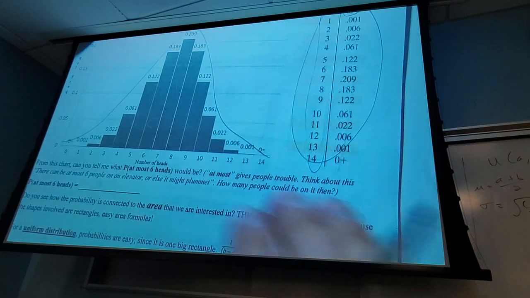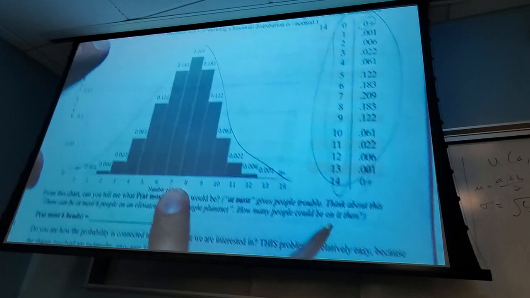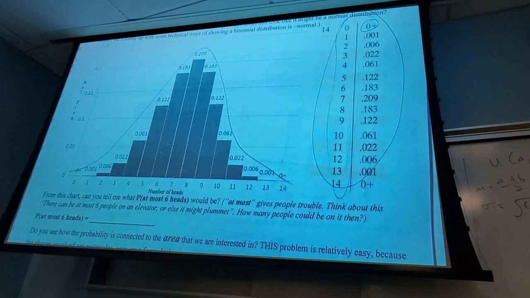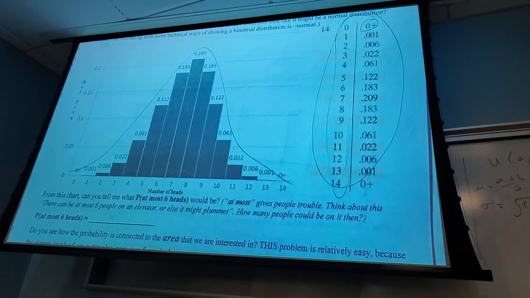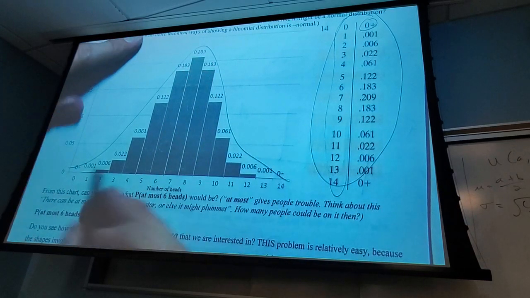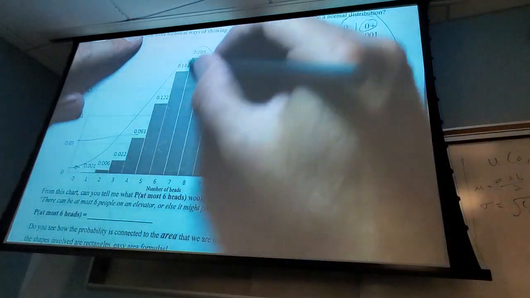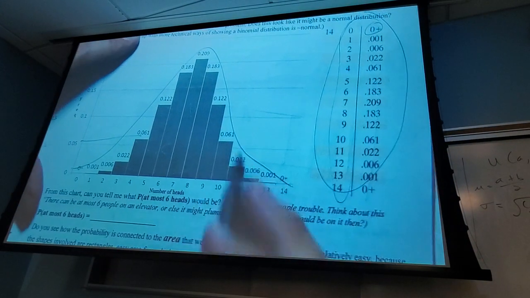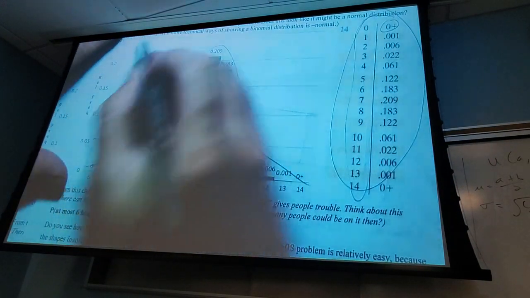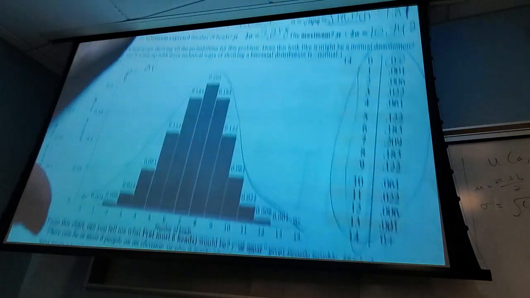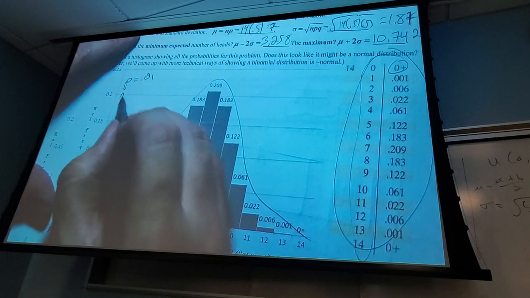Why do you think that is? The mean was 7, correct? And in this case, it's the tallest peak. In general, the tallest peak will be very close to the mean. It doesn't have to be the mean, believe it or not. But in this case, it is. Didn't it have room to grow and then room to shrink? Real quick, what if I had a weighted coin and p was 0.01 instead, and I flip it 14 times?